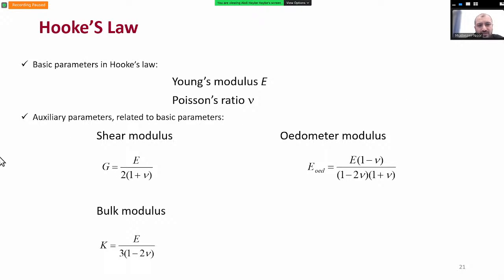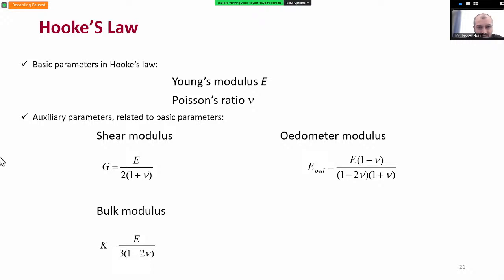So based on Hooke's law that we've seen, F equals minus KD, we can see the basic parameters in a geotechnical problem. What we're looking at relatively for soils would be the Young's modulus, or the modulus of the soil, and the Poisson's ratio.